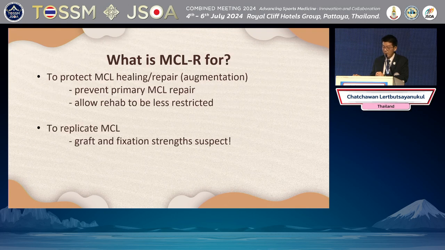MCL reconstruction can be used to protect the MCL healing after repair in case of poor tissue quality, allowing for early rehabilitation. This is called MCL augmentation. Additionally, MCL reconstruction can be performed when both the graft and the fixation strength are suspected.